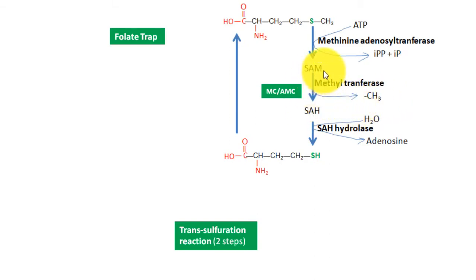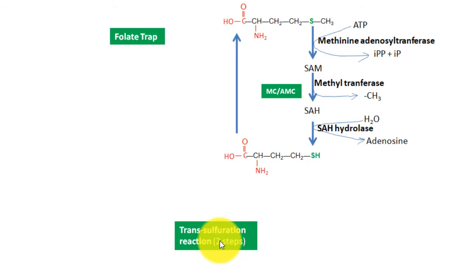After that this SAM will convert into SAH, S-adenosyl homocysteine, and after hydrolysis it will form homocysteine. Now this homocysteine can be recycled after remethylation. There is one pathway, and the second pathway is that this homocysteine will convert into cysteine.